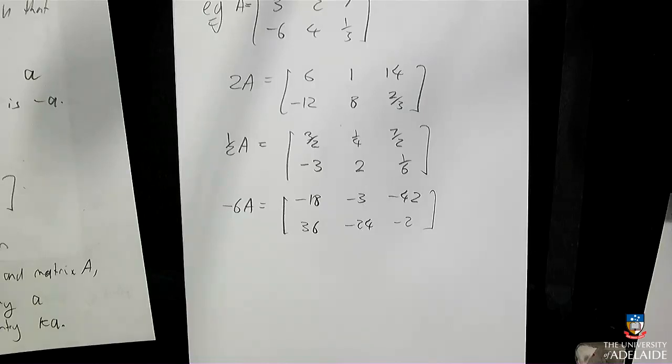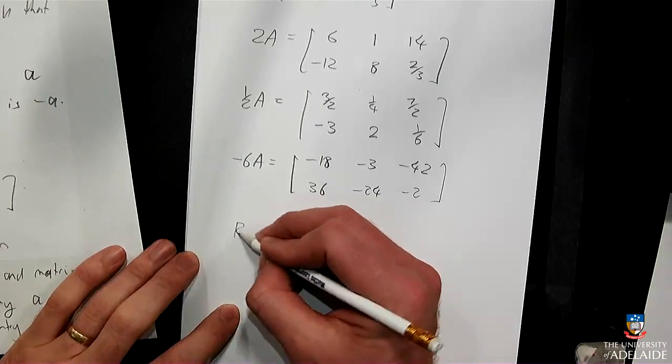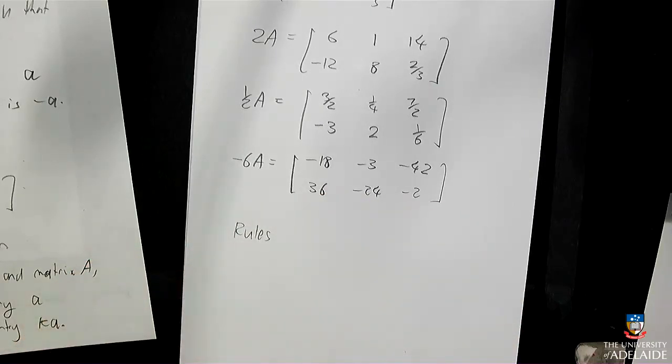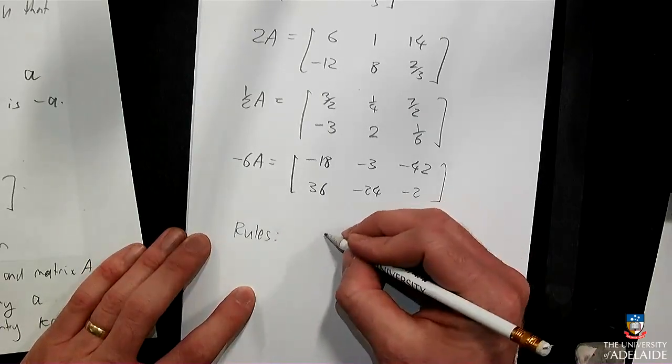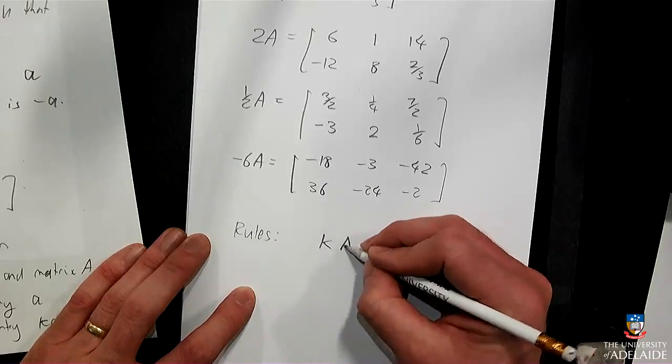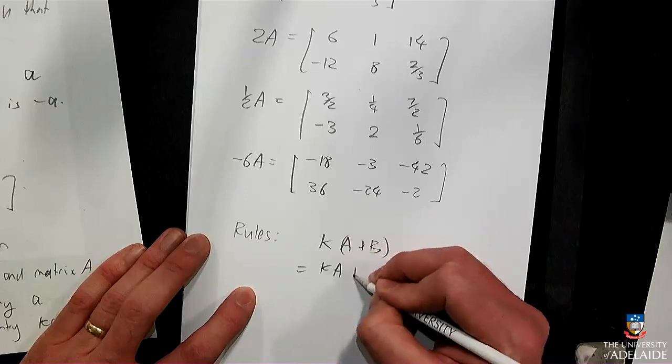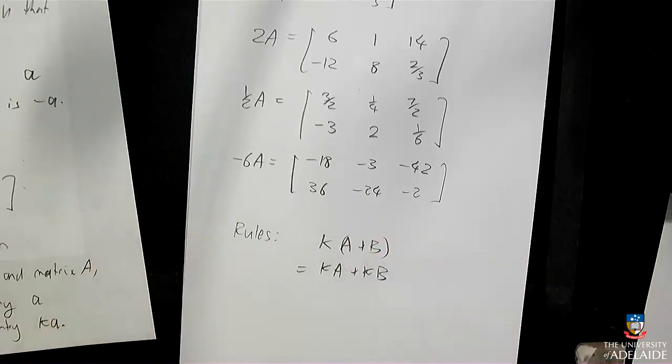So just some rules. We know that there are some rules. And the rules go, we can start to see how these operations interact with each other. So now that we've seen addition and negation and scalar multiplication as well, we can start to see how they interact. And so some rules are that k times (A plus B), I can expand scalar multiplication out like I did with ordinary multiplication back in the day.